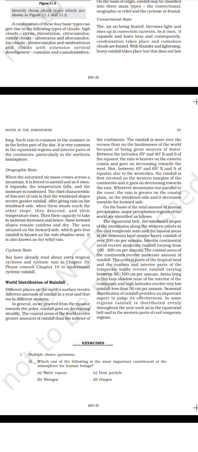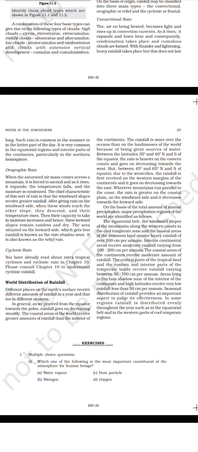Orographic rain. When the saturated air mass comes across a mountain, it is forced to ascend, and as it rises, it expands. The temperature falls and the moisture is condensed. The chief characteristic of this sort of rain is that the windward slopes receive greater rainfall.